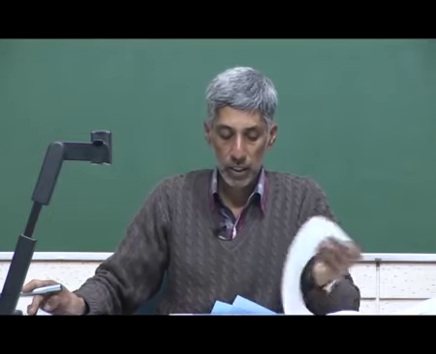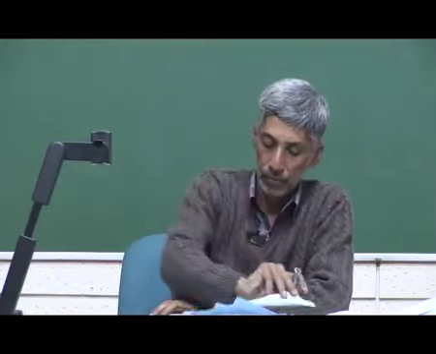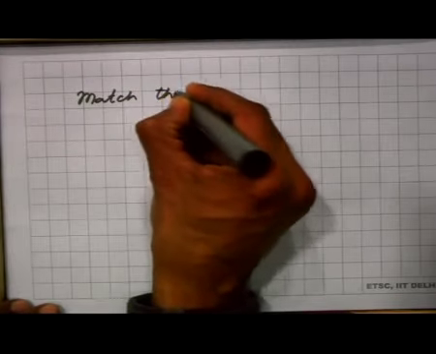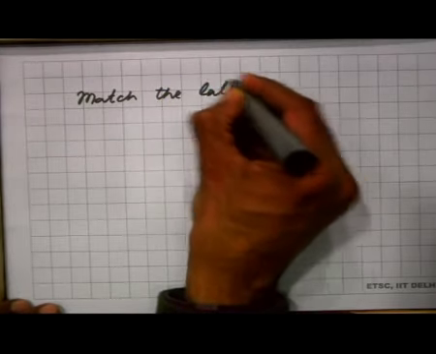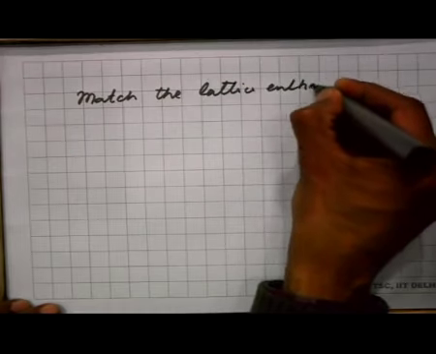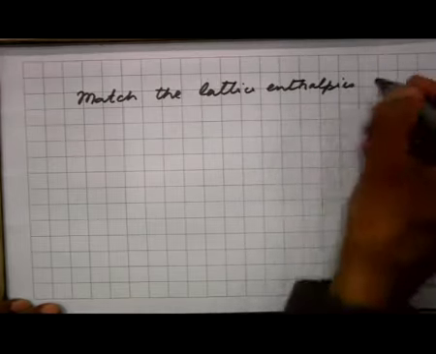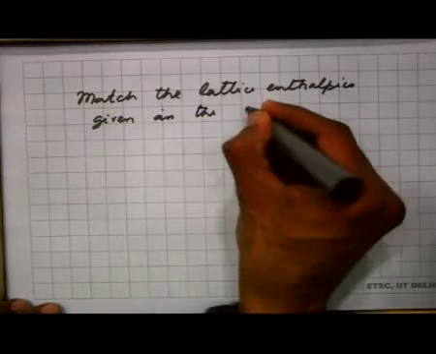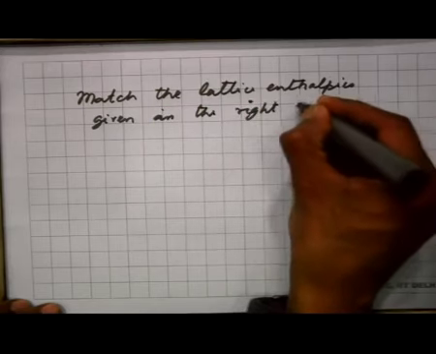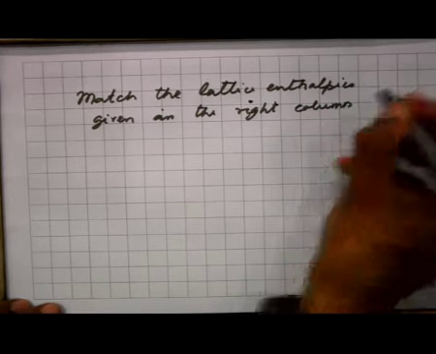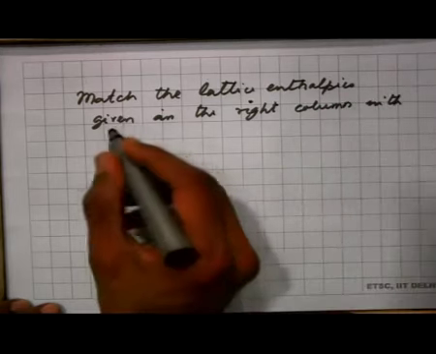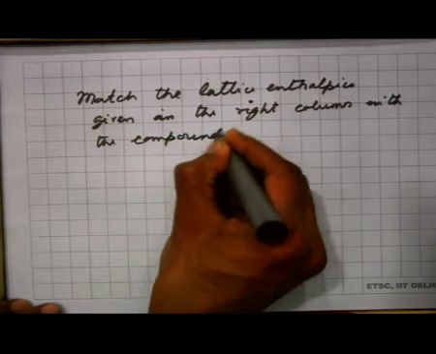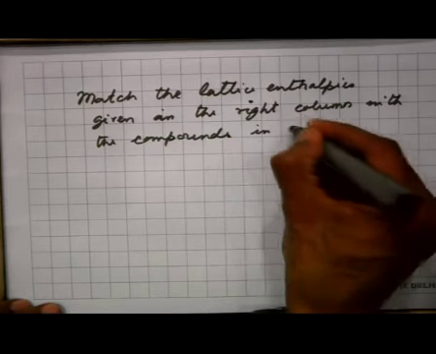Now, here is another example that you can try and do. Match the lattice enthalpies that we have given in the right column with the compounds in the left hand column.